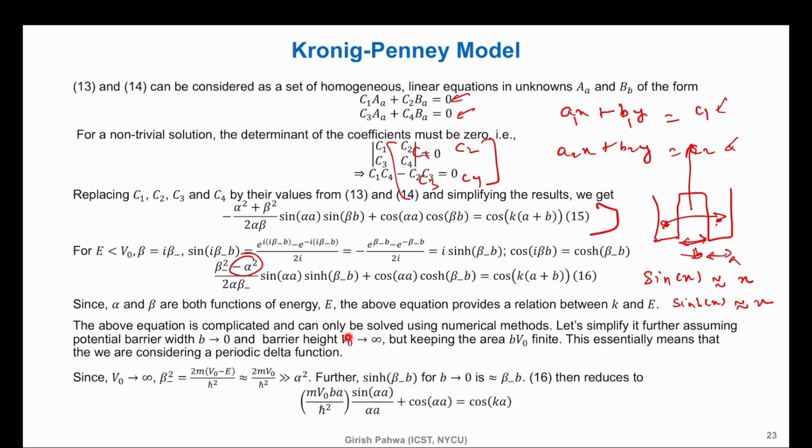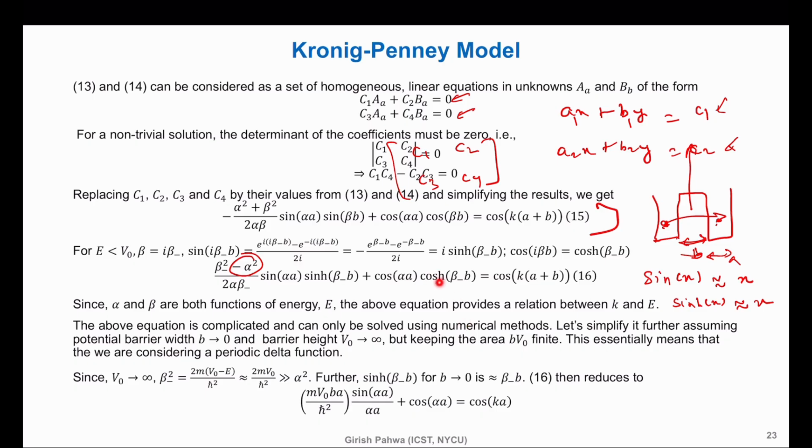There will be an alpha in the bottom, and I have multiplied and divided by a. Why? Because I wanted to create this function. It's a sinc function, sine x by x, right? So sine alpha a divided by alpha a, plus cos alpha a.